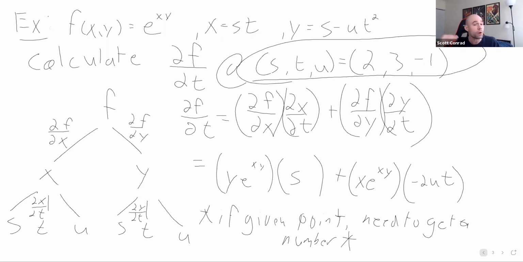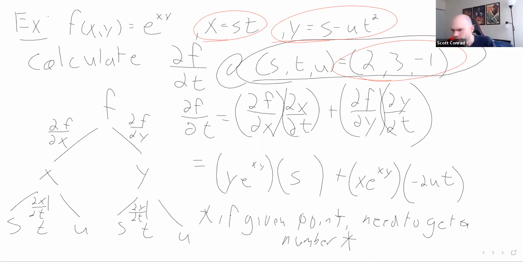So to figure out what we plug in for x and for y, we go back to their expressions in terms of s, t, and u, and then we plug in s equals 2, t equals 3, u equals negative 1. So at s equals 2, t equals 3, u equals negative 1, what is x? Six.